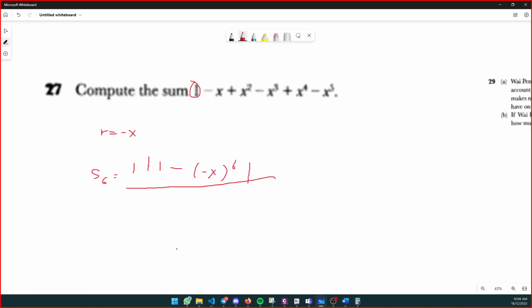Over 1 minus negative x. Okay, I should get 1 minus x to the power 6 over 1 plus x. Looks okay, and I think that's about it.